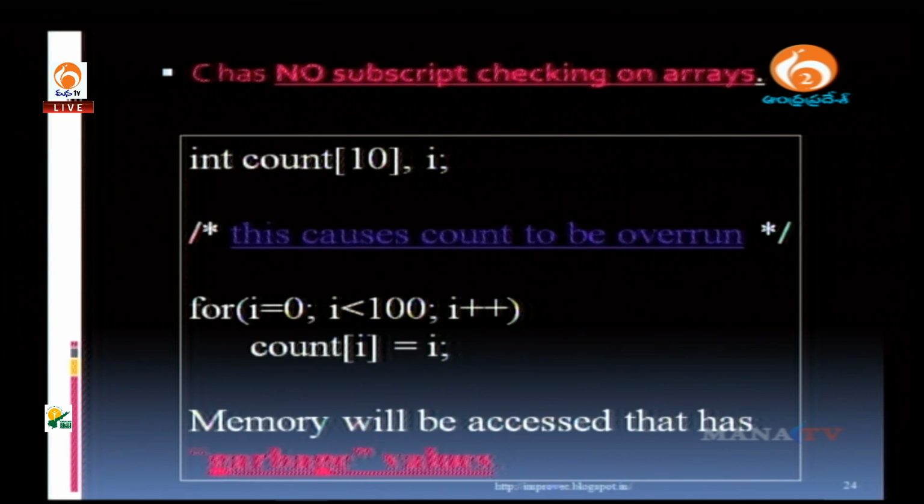So what happens here? Garbage values can be stored into the array, because we can access only up to 10, but this loop will execute 100 times. So memory will be accessed beyond the array and read as garbage values.